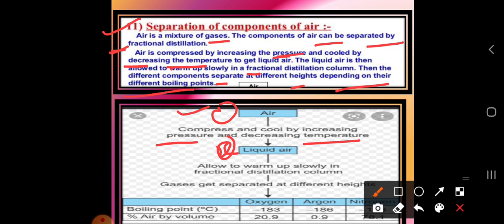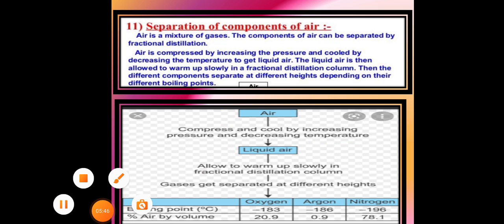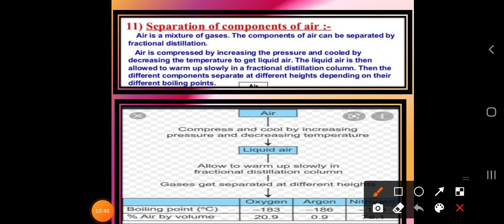This is the second step: the liquid air is allowed to warm up slowly in the fractional distillation column, and the gases get separated at different heights depending upon their boiling points.